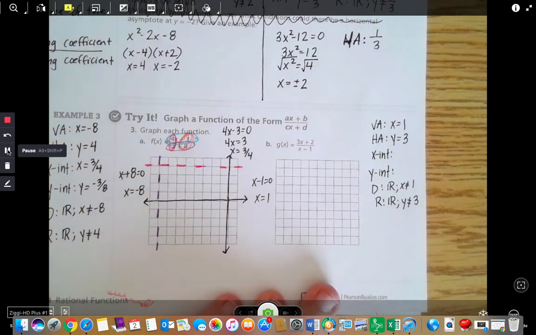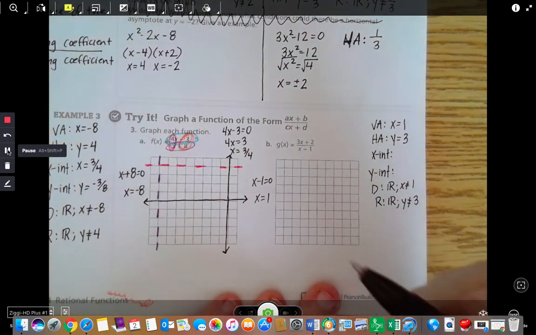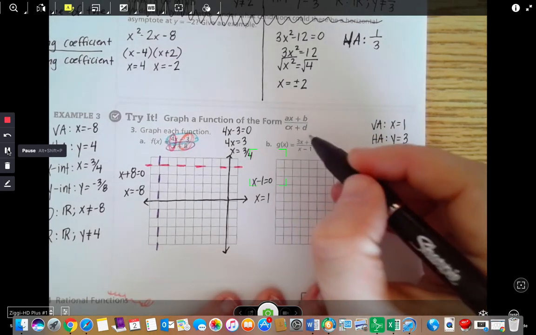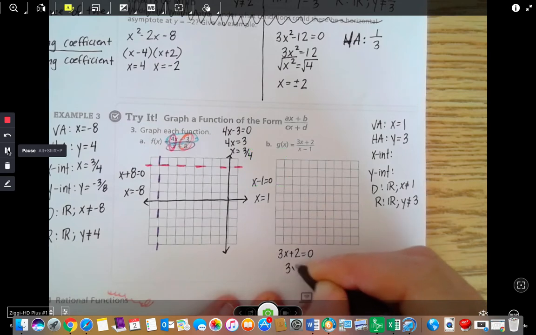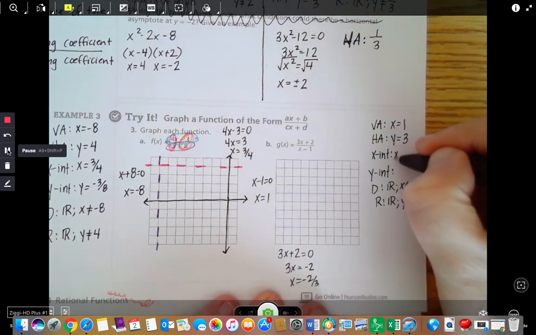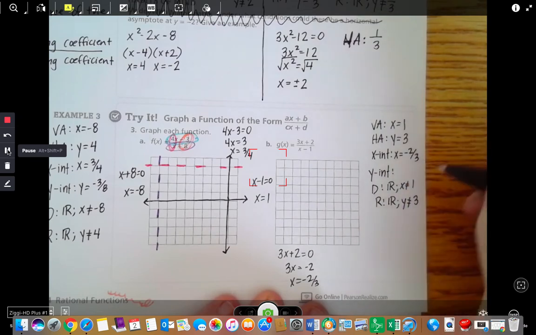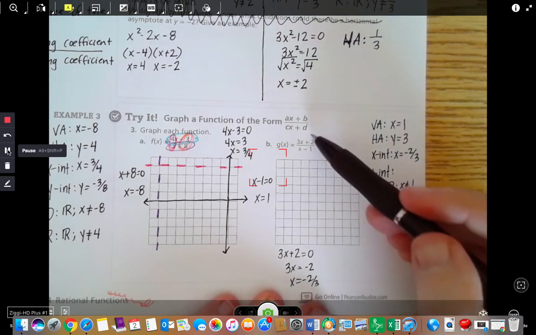And then your x and y intercepts. X-intercept comes from your numerator. 3x plus 2 equals 0. So 3x equals negative 2, or x equals negative 2/3. Y-intercept comes from your two constants.